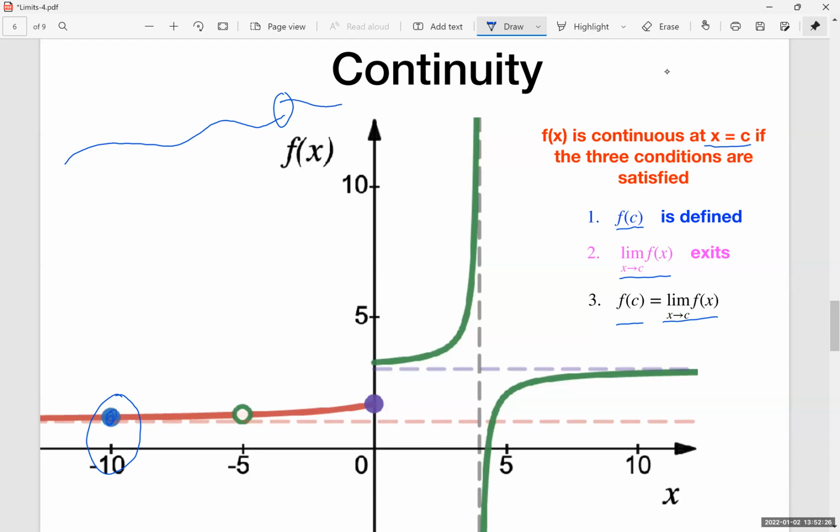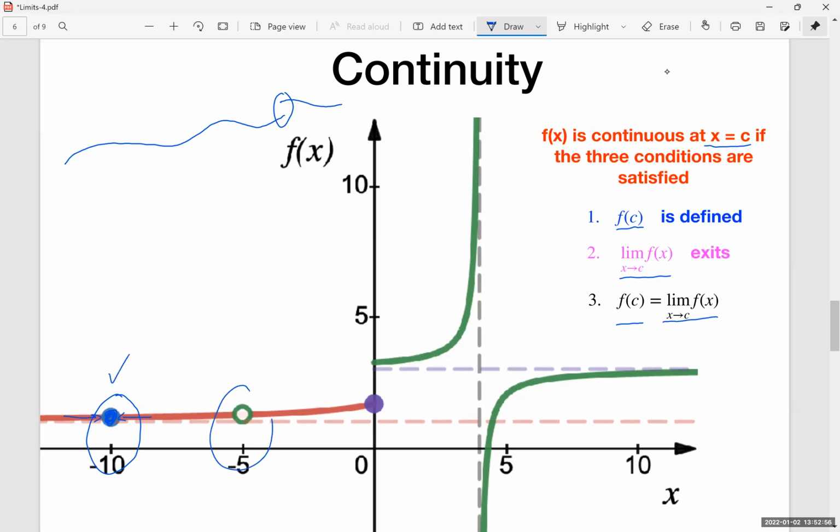The limit when x goes to -10 exists, because if you take x values from both sides, they both go to the same point, and the value of f of -10 and the limit when x goes to -10 are the same. So at the point x equals -10, the function is continuous.